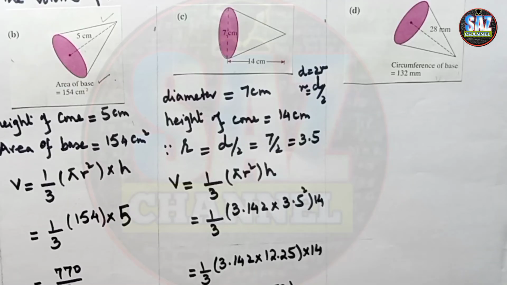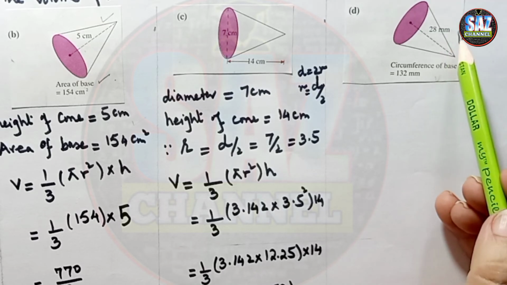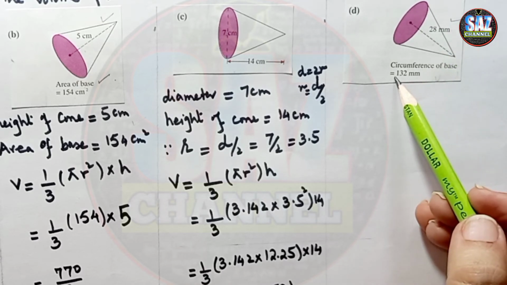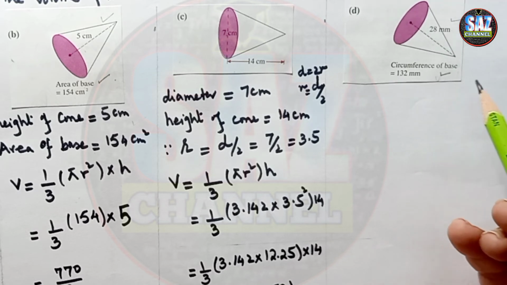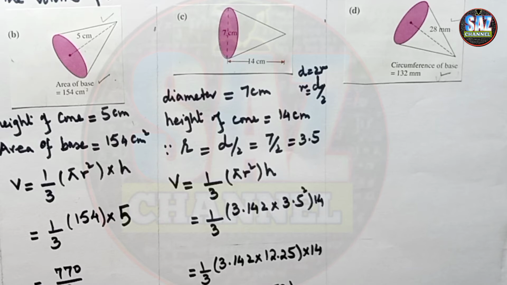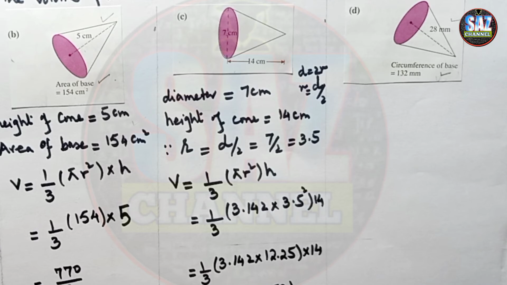In the last part, we are given the height of this cone, that is 28 mm, and we are given the circumference of the base, which is 132 millimeters. As the requirement of the question is volume, and volume requires a radius, we are not given the radius here, but the circumference of the base is given. So recall the formula for the circumference.